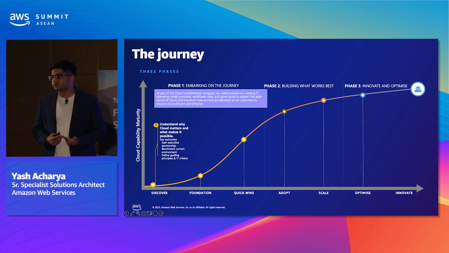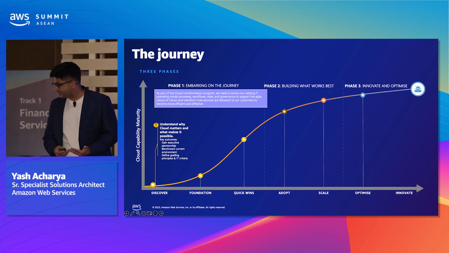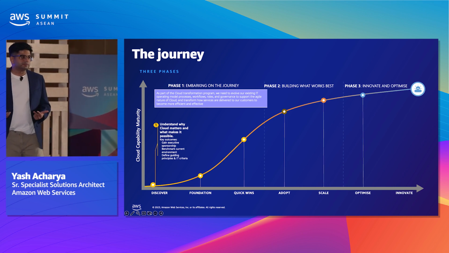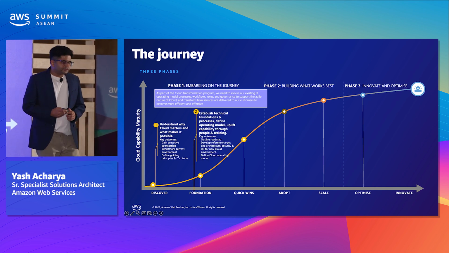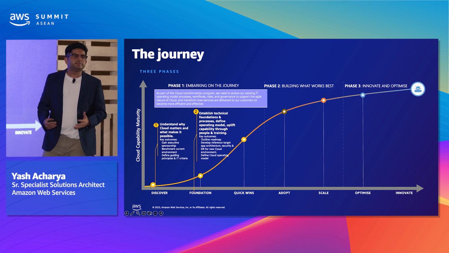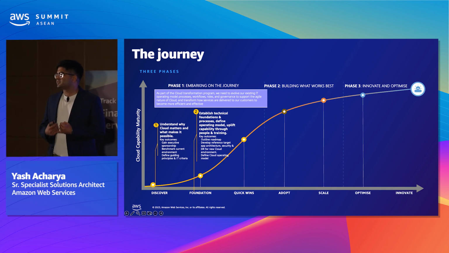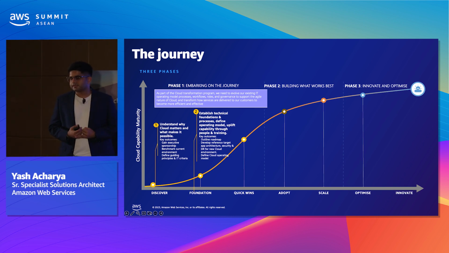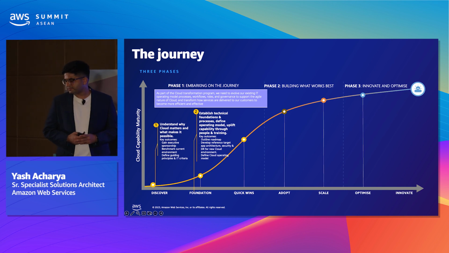What are your business goals? What are your technical goals? How do you align these together to leverage cloud? What are the benefits that you're getting out of leveraging cloud? The next step would be, once you've decided that cloud would make sense for our organization, it's helping us achieve our business goals and our technical goals, you would then start working on your foundations.